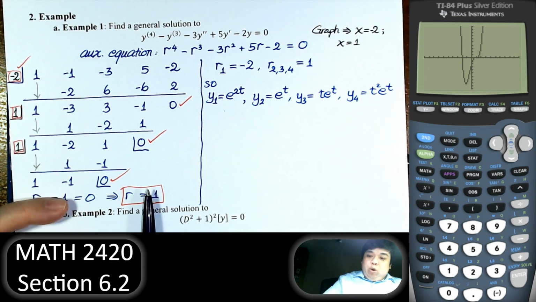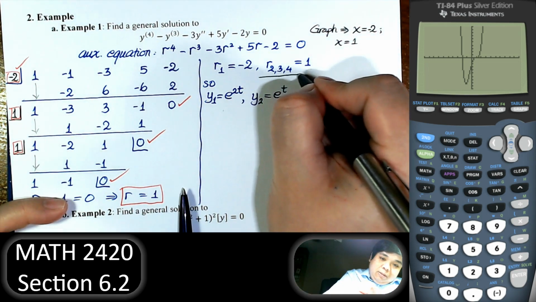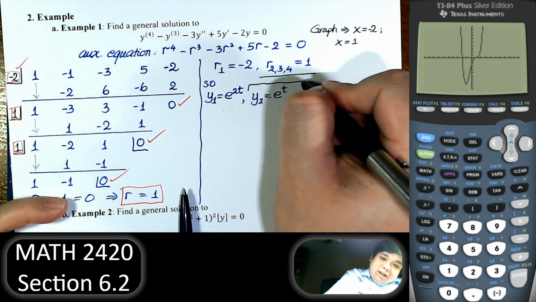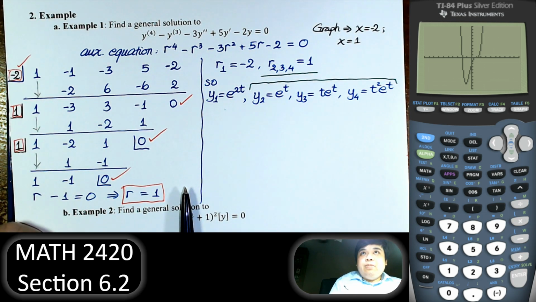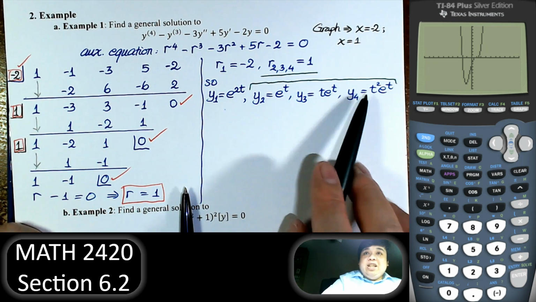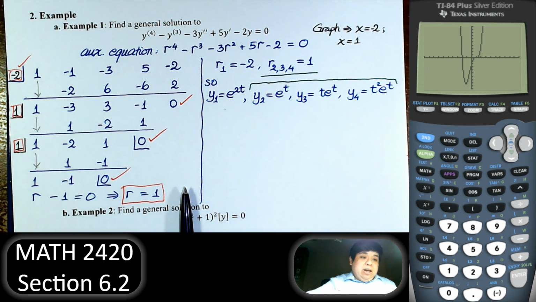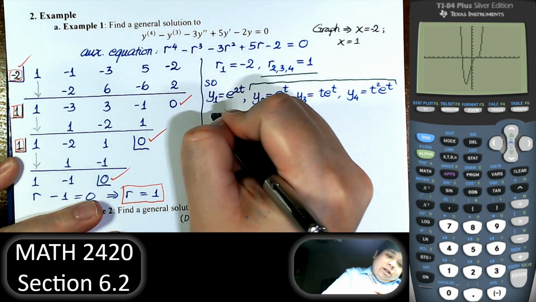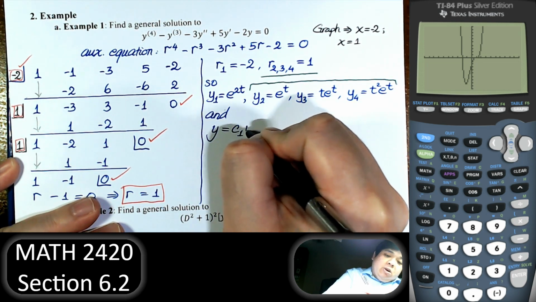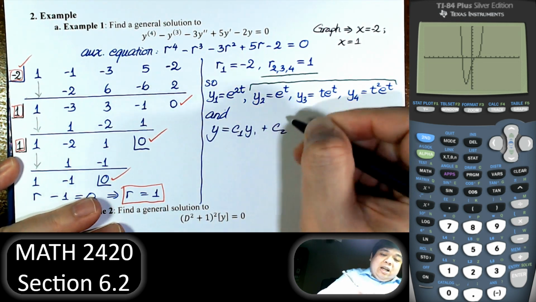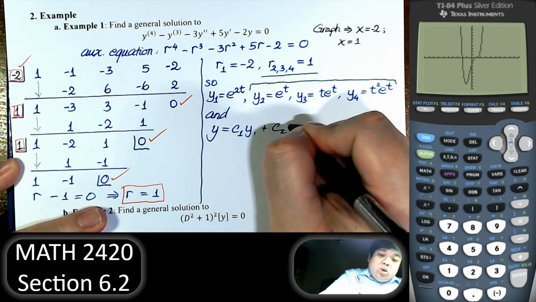So because of the triple root here, we have the solution in this set. Multiply t and t squared to make it linearly independent, and because of that the general solution is a linear combination of those linearly independent solutions.